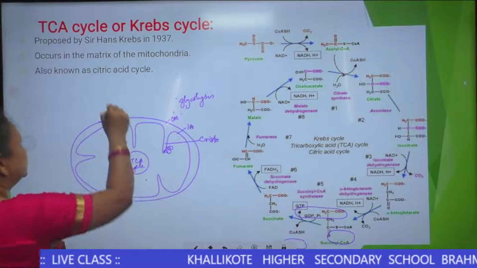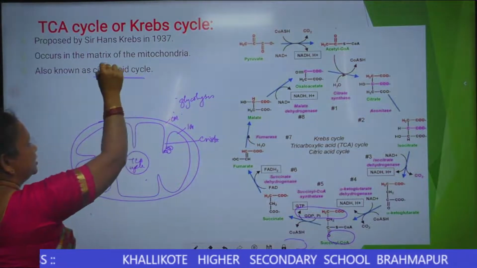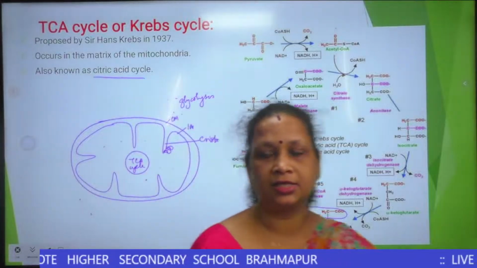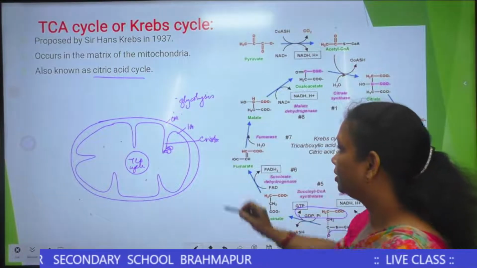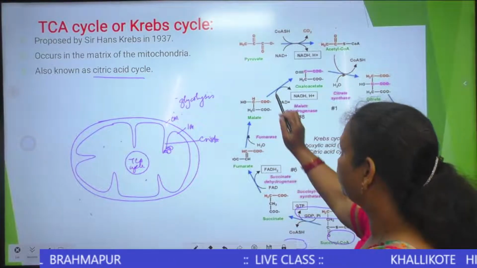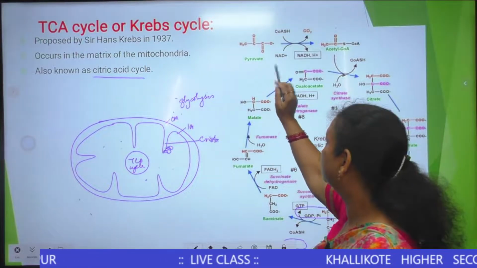So, that is why it is also known as citric acid cycle, because the first compound that is formed is citrate.